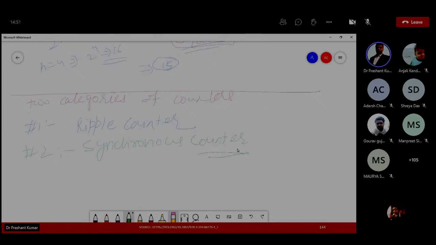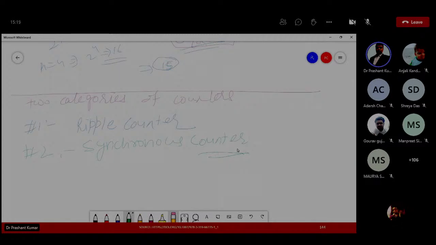Okay. So the basic difference between ripple counter and synchronous counter is that in a ripple counter, the output of a flip-flop transition serves as a source and triggers other flip-flops, or you can say some or all inputs are not triggered by a common clock.